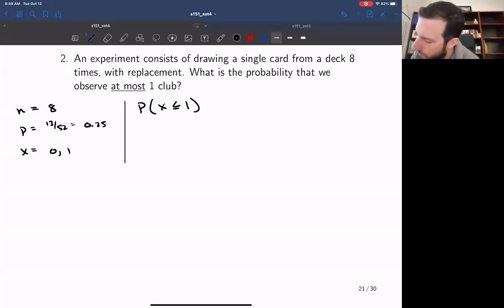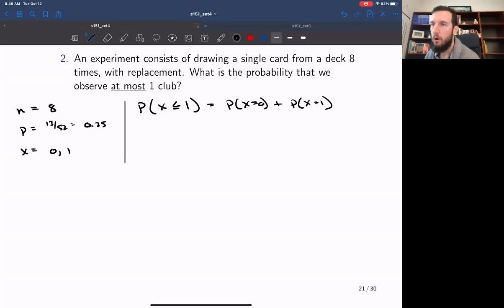Okay, which is equal to the probability that x equals 0 plus the probability that x equals 1. Now, all we're doing is applying the binomial formula for x is 0 and x is 1.